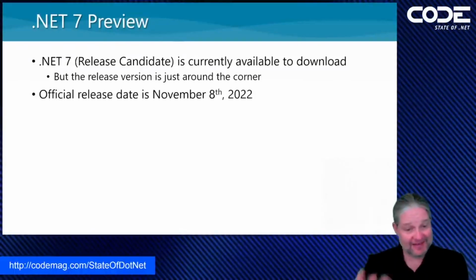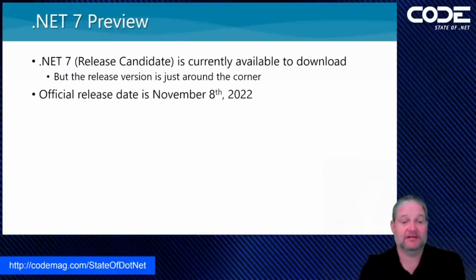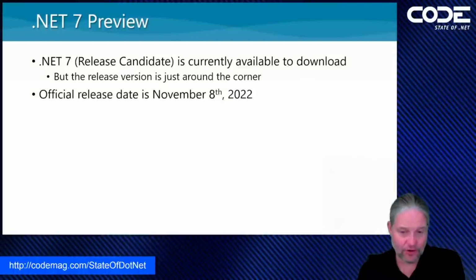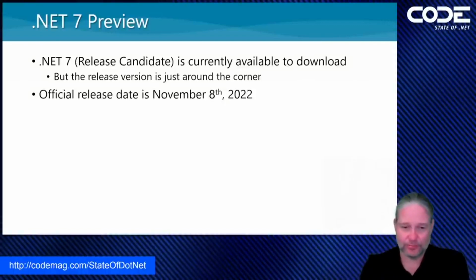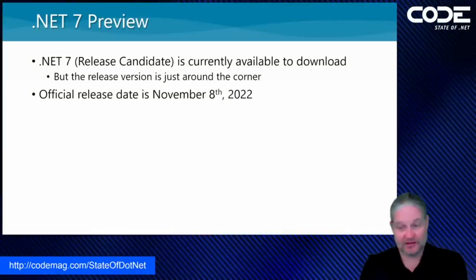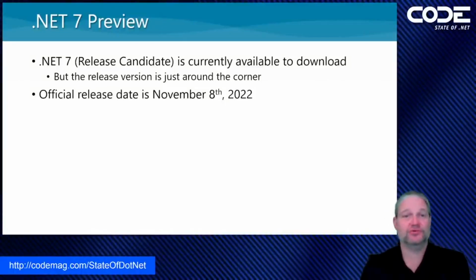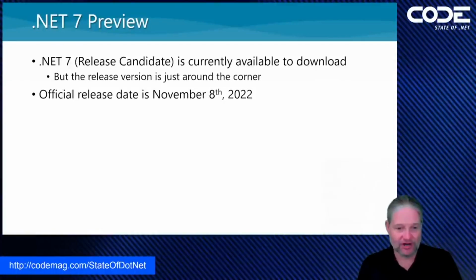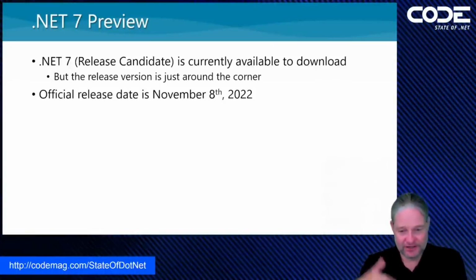So as I'm doing this presentation here today, we are on the .NET 7 preview. You can download that right now. Very, very complete. Like I said, the official release is November 8th. Along with that, always also comes a new release of Visual Studio. Those are now in lockstep as well. We are in the preview 5 version now.